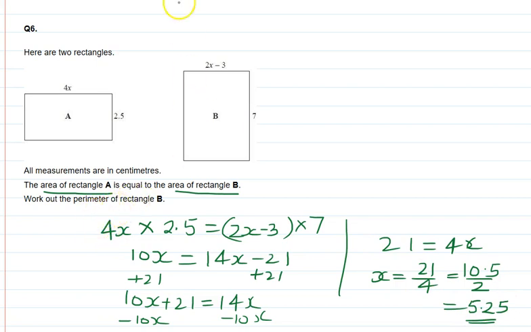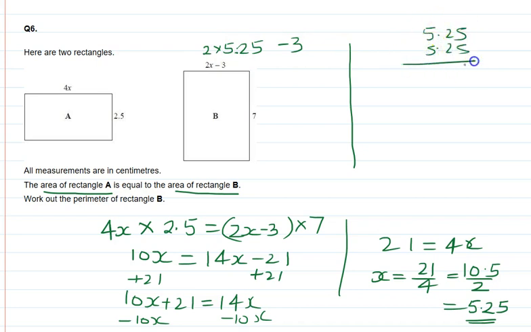So work out the perimeter of rectangle B. Rectangle B, so x is 5.25. This measurement will be 2 times 5.25 minus 3. So 2 times 5.25, if you double it, 5.25 and 5.25, it will be 10.50. So 10.50 take away 3 is 7.50.